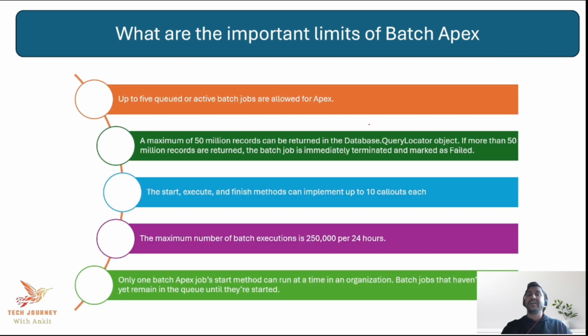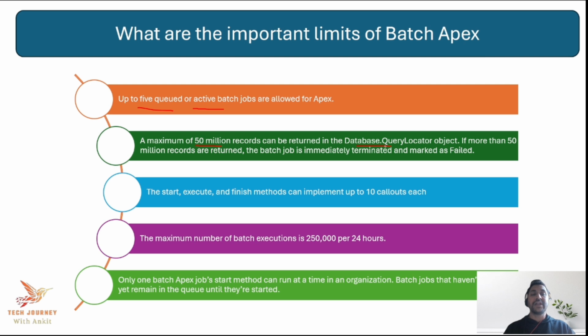Now, what are the key limits of the batch Apex that you should know? For the batch Apex, up to 5 jobs can be queued or active at a time. Your batch Apex can process 50 million records if you are using the Database.QueryLocator.